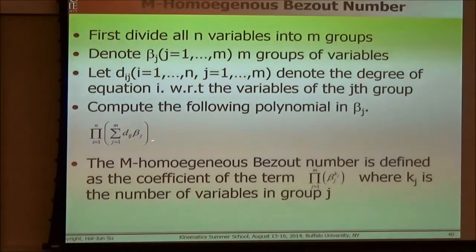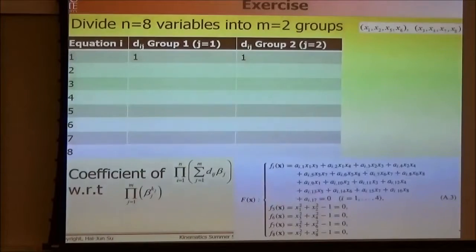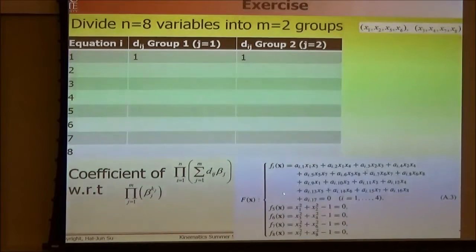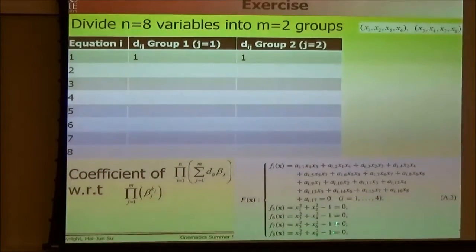Then you calculate this product, and the M-homogeneous root count is just the coefficient of this term in this polynomial. I'll give you an example here. This is the 6R inverse kinematic problem, which I got from Nolan Tsai's book. So this is a polynomial.